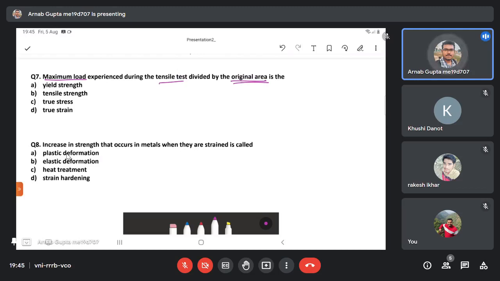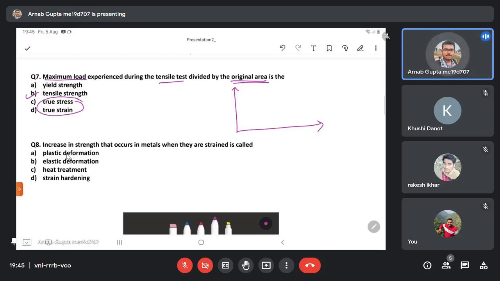It's tensile strength, right? Ultimate tensile strength. So how is it different from, first of all, there are two types of stresses.